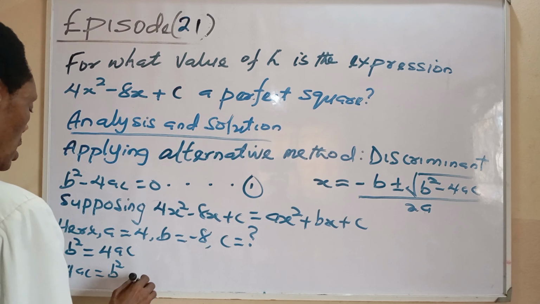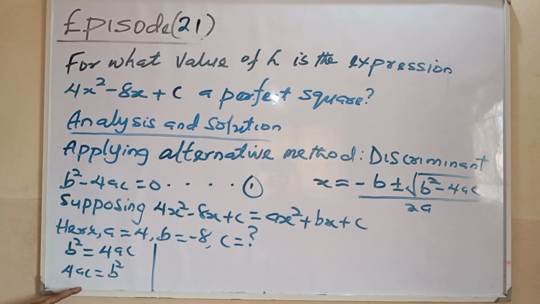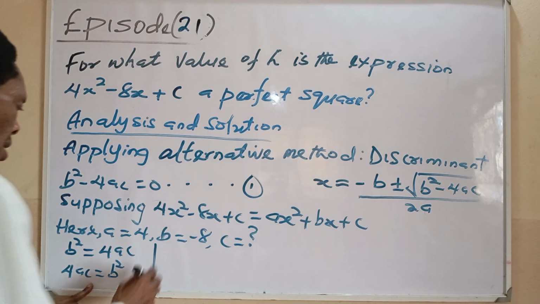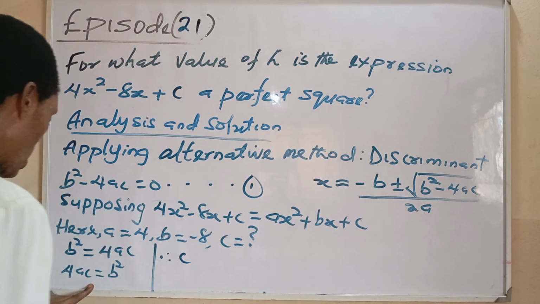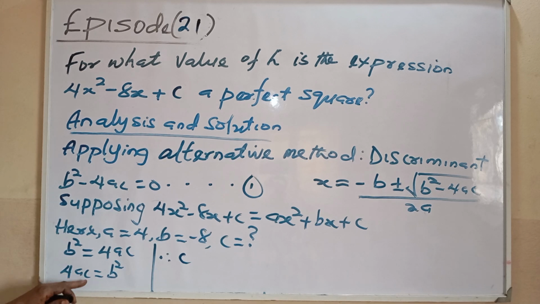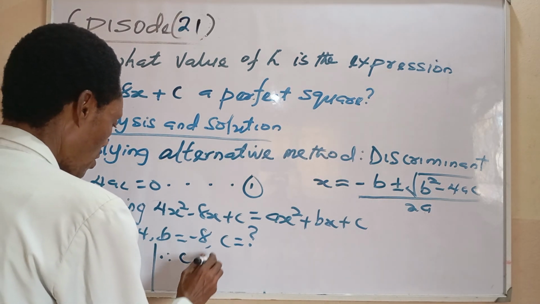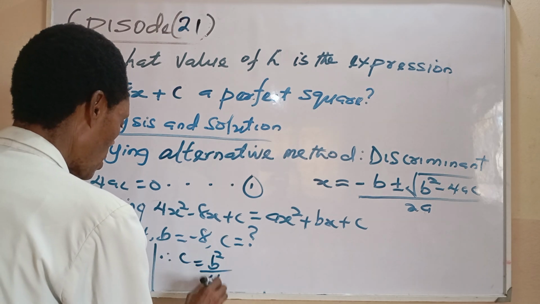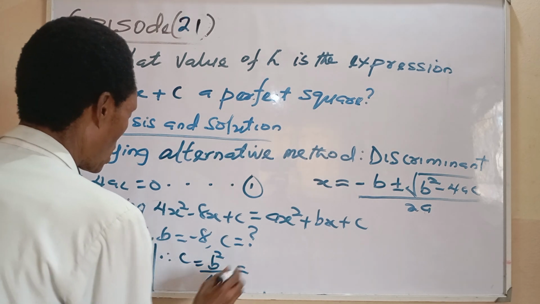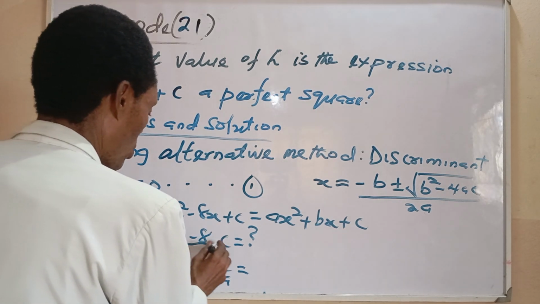Then you divide both sides by the coefficient of c, which is 4a. So it will give me b squared all over 4a. So take note of what we are doing here.